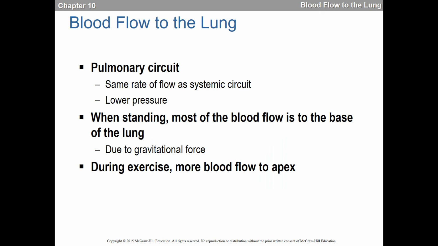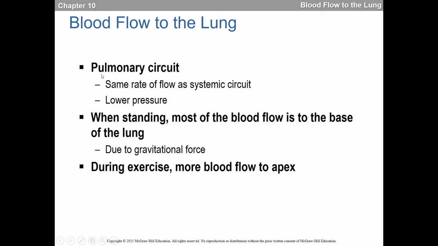So let's move on just a bit to the blood flow to the lung. There's going to be something called the VQ ratio. Overall, Q is essentially the blood flow going to it, and the V is the ventilation.